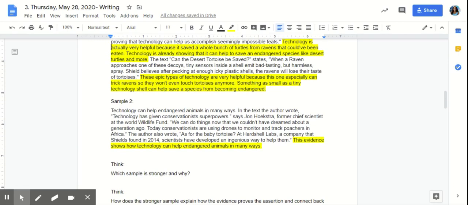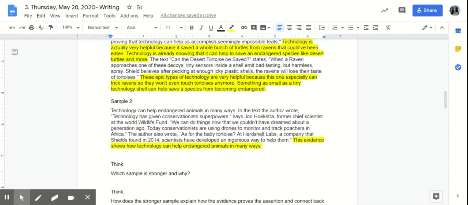In our second sample, there is the use of 3 quotes, but none of them are addressing the topic sentence. Right? Our topic sentence is technology can help endangered animals in many ways. And we should have an assertion, which we don't here.